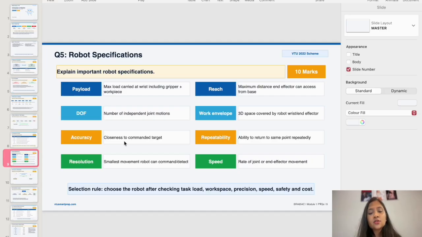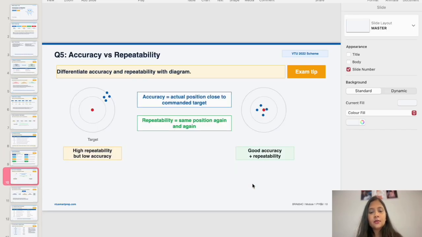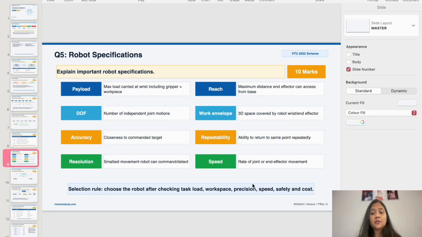And then resolution means the smallest movement that the robot can detect or command. And then comes the speed, which means how fast the robot joint or end effector can move. Okay, for selection of the robot, we can check the payload, workspace, precision, speed, safety, and cost. Okay, remember this point for this specific question.